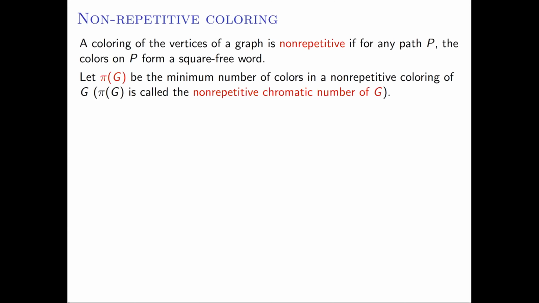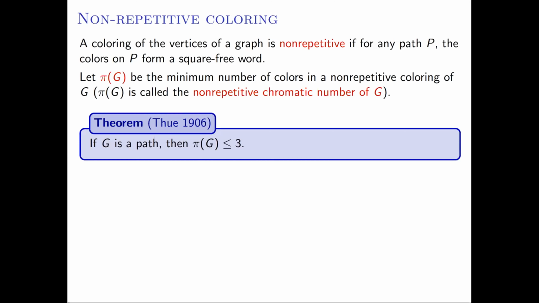And so the minimum number of colors in a non-repetitive coloring is called pi of G, and it's called the non-repetitive chromatic number of G. And as I observed, pi is always at least the chromatic number of G. So what can we say about pi?